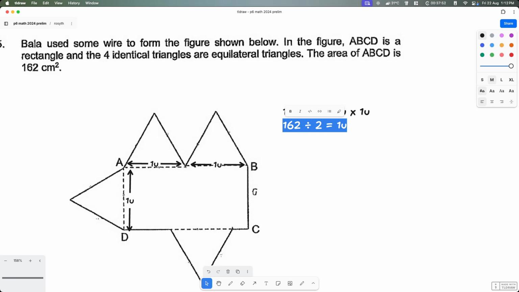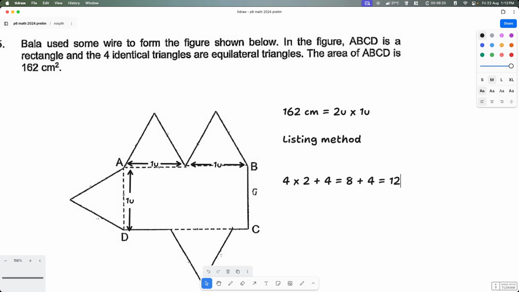So we have to do the listing method. Okay, listing method. So for example 4 times 2 plus 4, this will give like 8 plus 4 is equal to 12. Something like this, right?